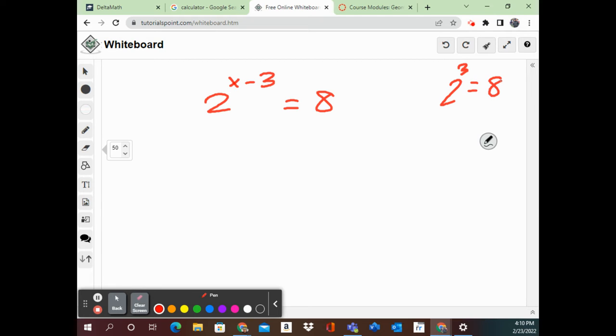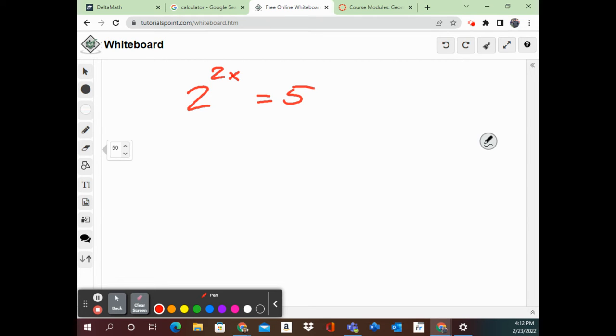Since 8 is 2 to the third power, I can rewrite this with base 2, so x minus 3 is equal to 3, and now I have the same base. Again, I can set my exponents equal to one another. After I add 3 to both sides, x is going to be equal to 6.